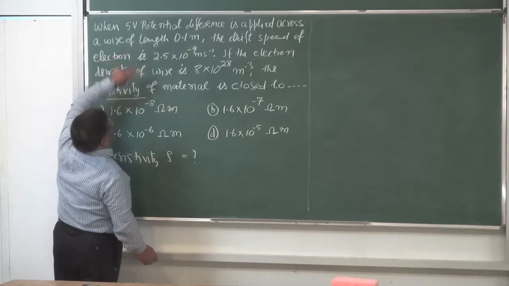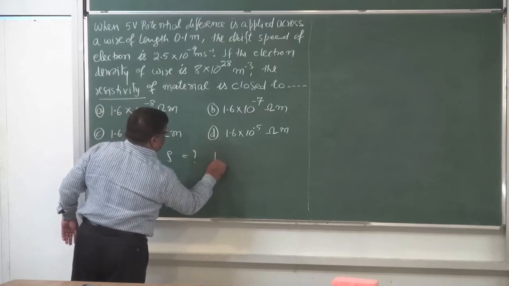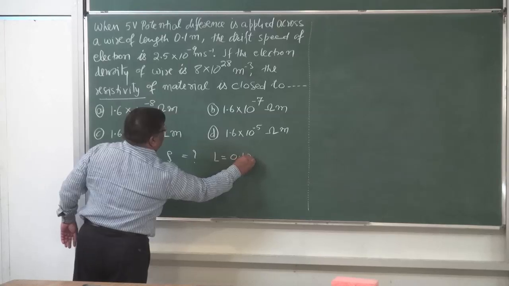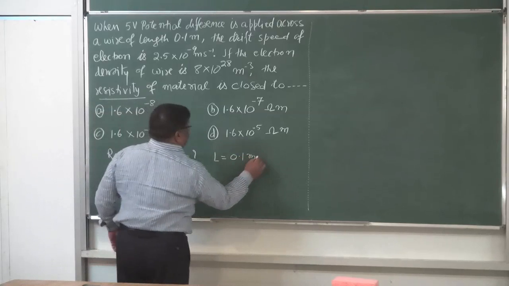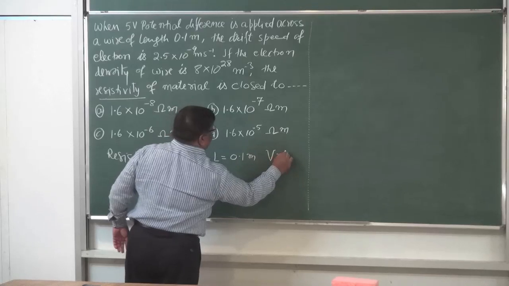What is given to us? Length of wire 0.1 meter. The voltage across it is V equals 5 volt.